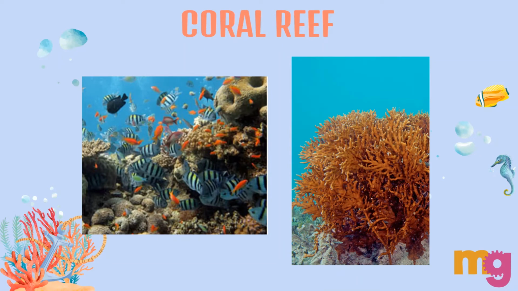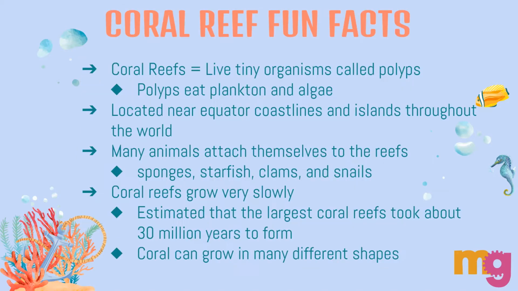Now, since the theme today is under the sea, we're going to be talking about coral reefs, and here are some pictures of coral reefs to start. Coral reefs are made of tiny live organisms called polyps, and these polyps eat plankton and algae. They're located near the equator, along coastlines and islands throughout the world.